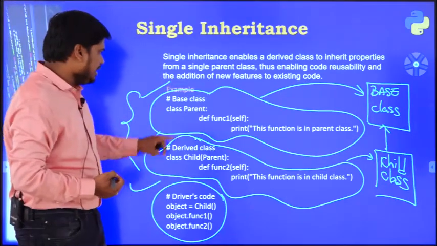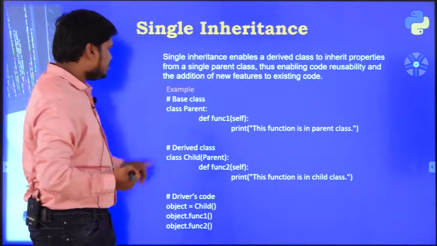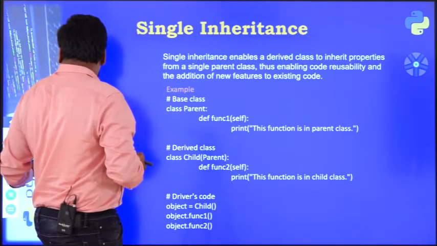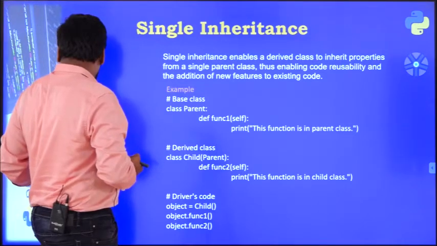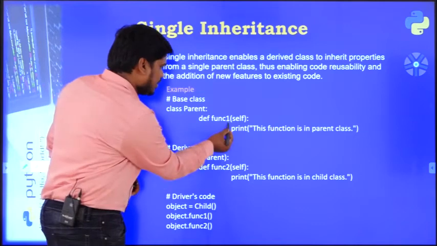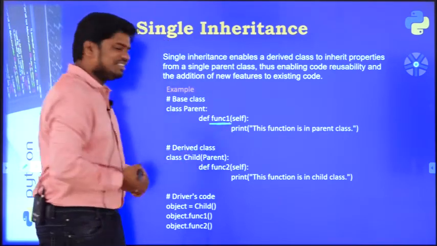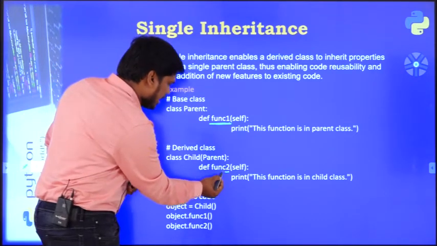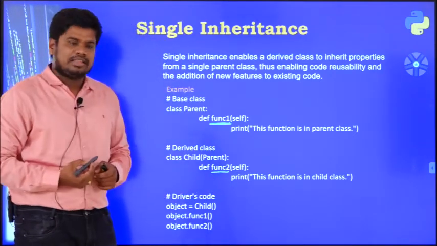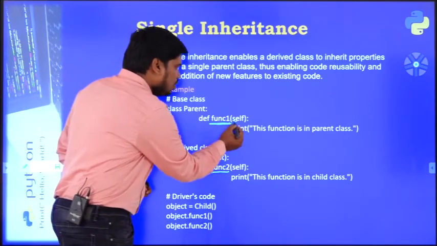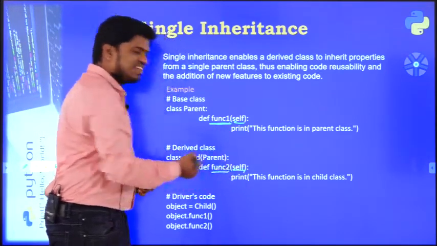Observe carefully. In the parent class, I have used one function, func1, and in the child class I have one more method, func2, and I have told you the importance of the self keyword here.